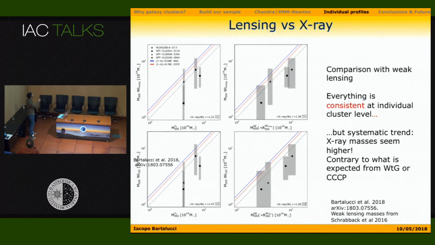For example, with the red line, actually X-ray masses should be systematically lower than weak lensing, because we assume that there are some biases in the X-ray. So the fact that here we find something different is a bit weird. Again, we only have 4 objects, and formally everything is consistent. But this is suggesting that something is going on when you're looking at these kinds of extreme samples.